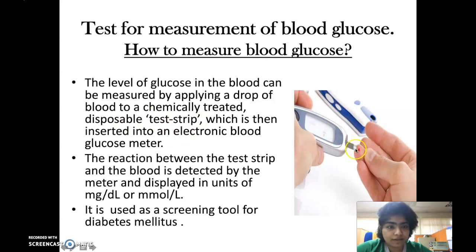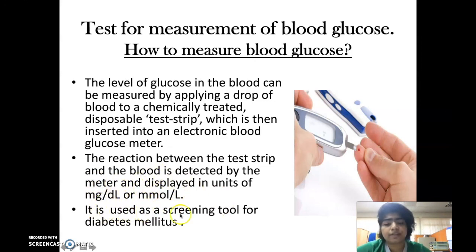You have to get it in contact with the test strip, which is then inserted into the electronic blood glucose meter. The meter will read your blood. The reaction between the test strip and the blood is detected by the meter and displayed in units. These are the units. You can use either this unit or also this unit.